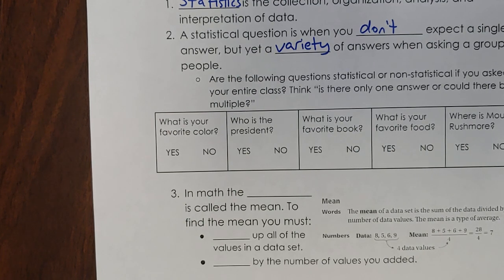So right now, if I were to ask the gentleman I got in here, I ask every morning for you guys that come face to face, do you want breakfast or not? I mean, if you want lunch or not. Is there more than one answer to that? Yeah, there's a yes or no answer to that. So that technically is a statistical question because there's more than one answer.